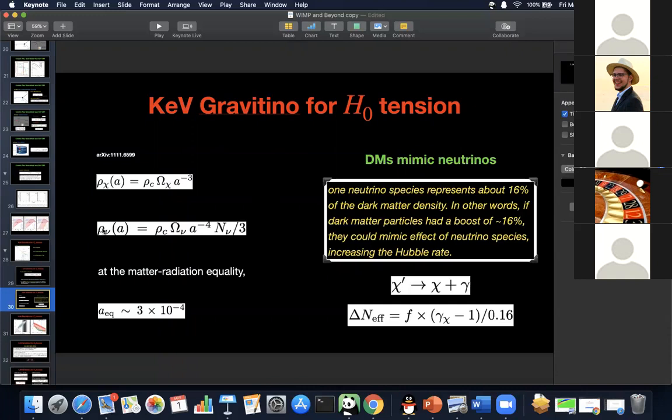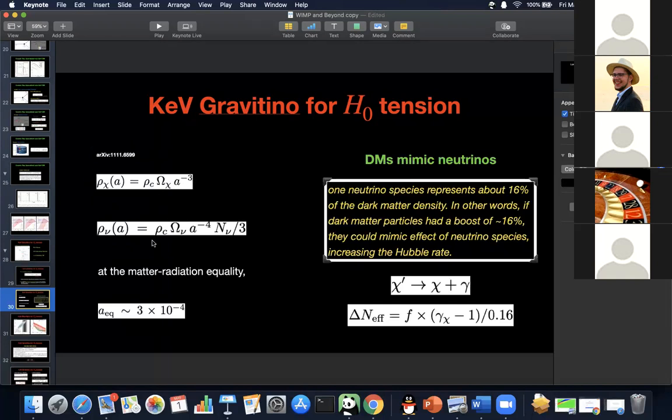The neutrino is almost massless, so it behaves like radiation, and it goes as a^-4. So there is a chance that we can mimic the neutrinos with dark matter.